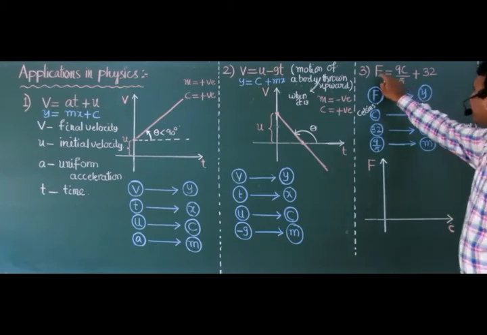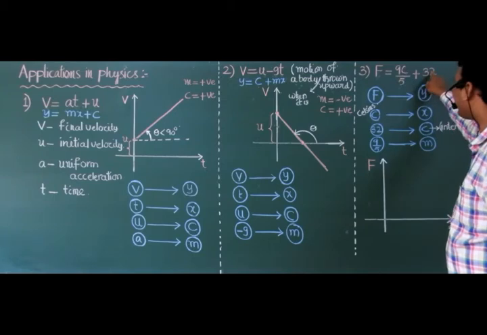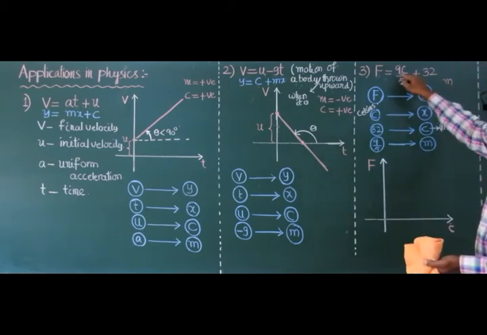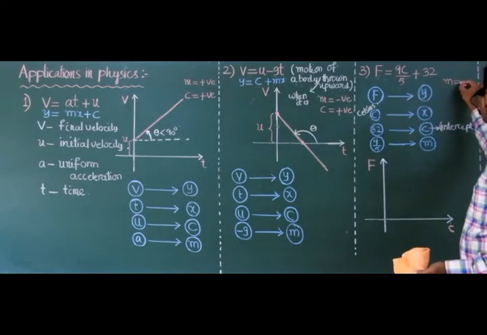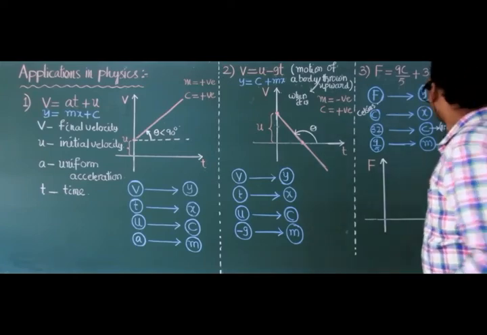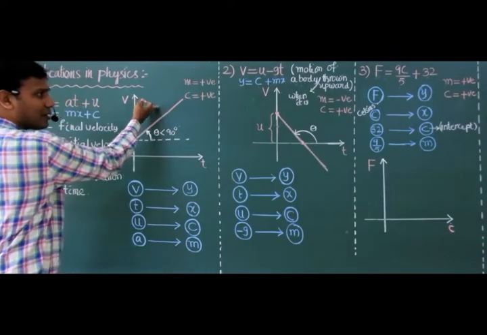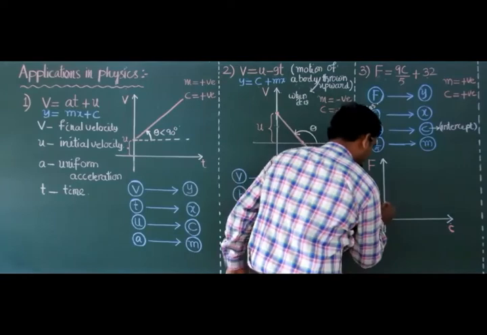Again it is in the form of y equals mx plus c. Slope plus 9 by 5, so the slope is positive. Intercept plus 32, positive. Okay. Then here the slope is positive and the intercept is positive, nothing but it is similar to this. Clear? Right? Now we can draw like this.